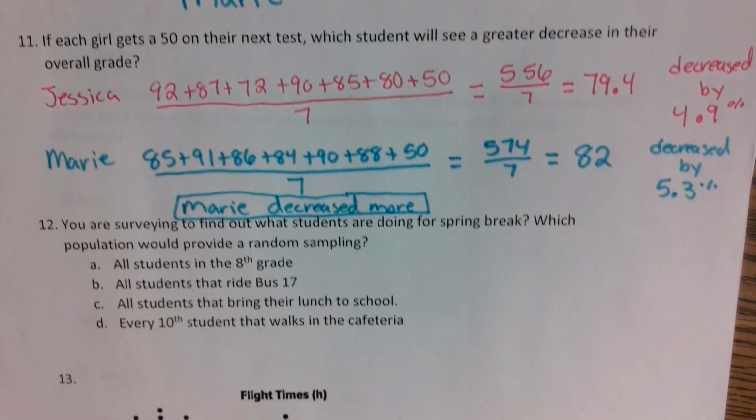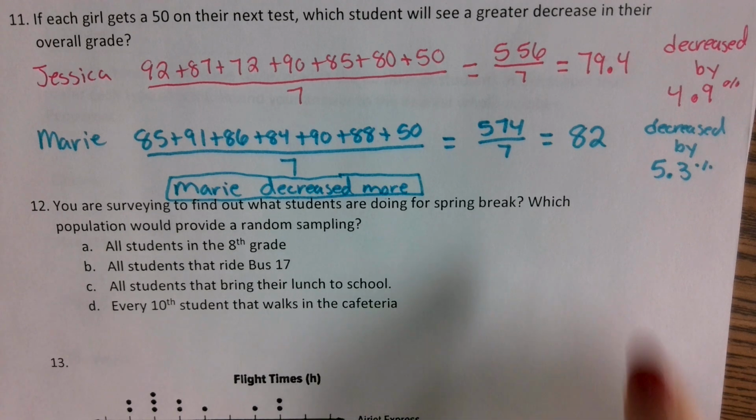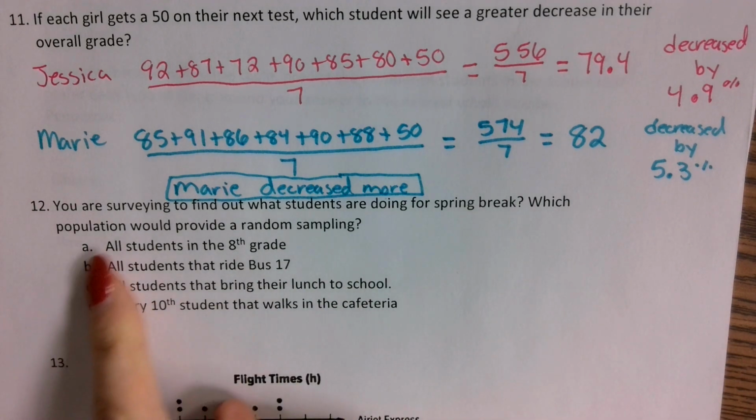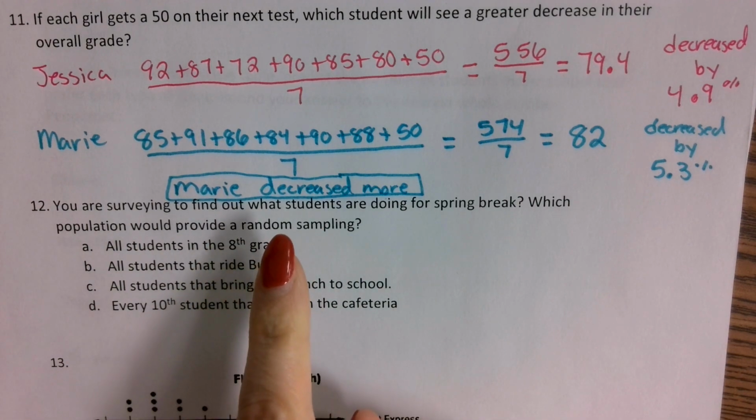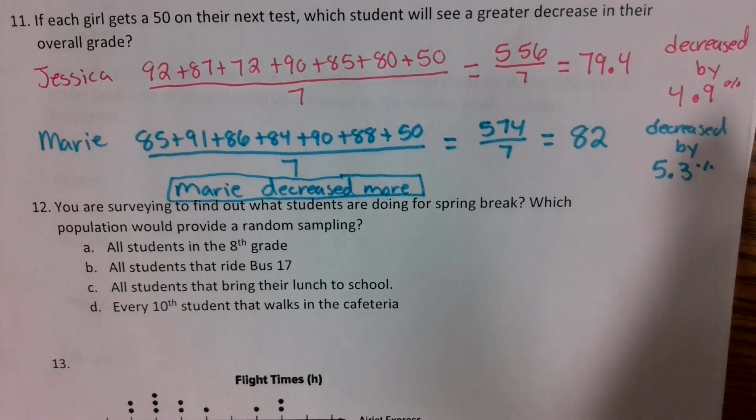All right, let's take a look at problem number 12. You're surveying to find out what students are doing for spring break. We want to know which population would provide a random sampling. We want to know which one's going to provide a random sampling. So we need to understand our sampling methods.